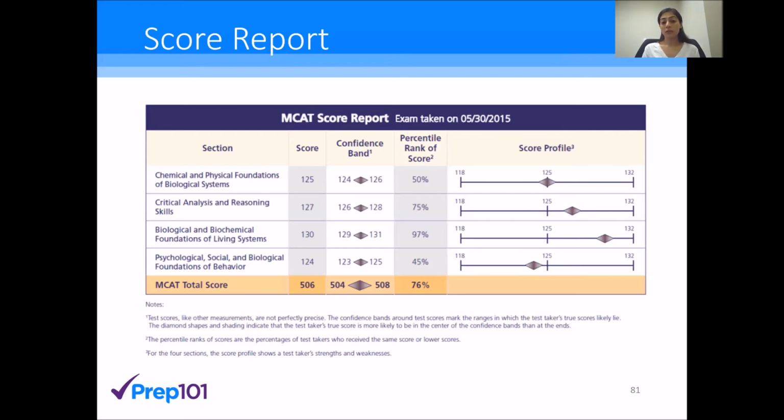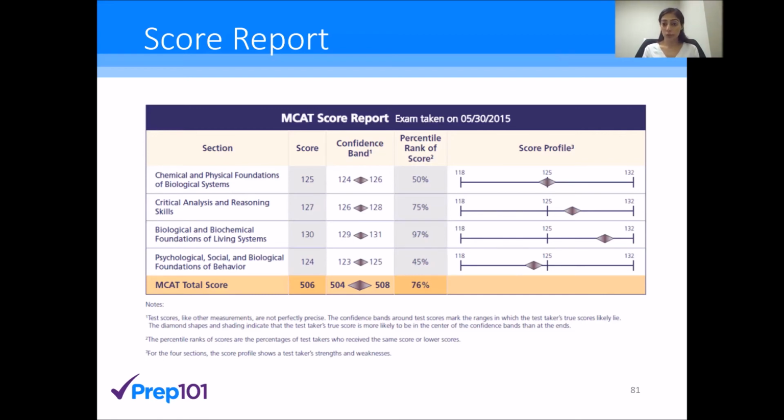So if I achieved a 125 in the chemical and physical foundations like this student had, and you perhaps achieved a 126, the confidence band kind of serves to elucidate, given certain testing conditions, what I could have scored, what you could have scored. Because there are things that affect your test-taking ability.